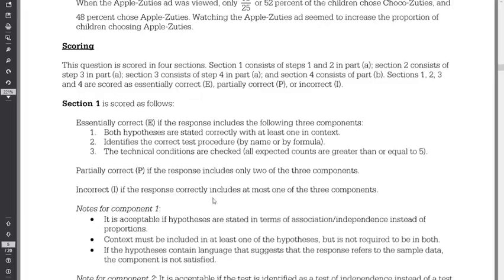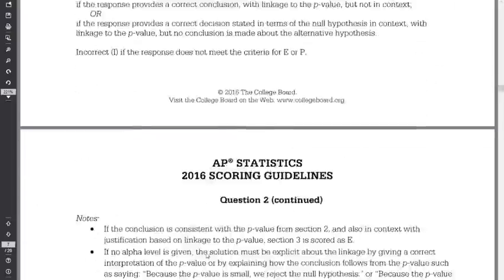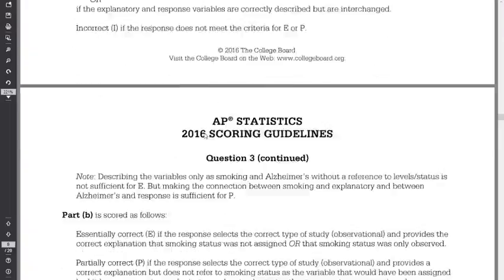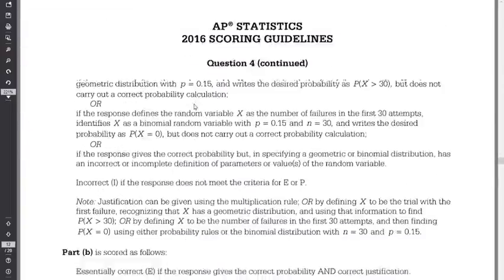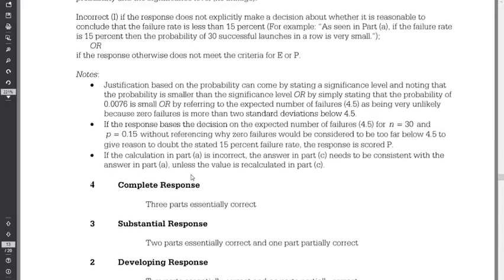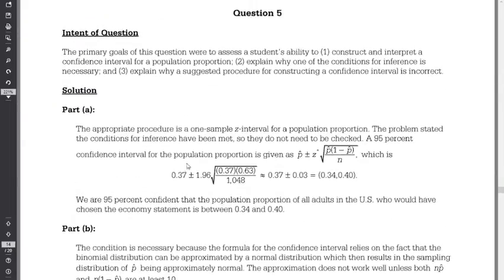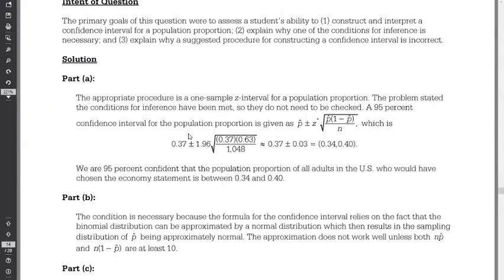Same thing when we get down to number 5, when it asks for that confidence interval, specifically, it's going to want you to say either that we are doing a 1 proportion z interval, or give this formula.